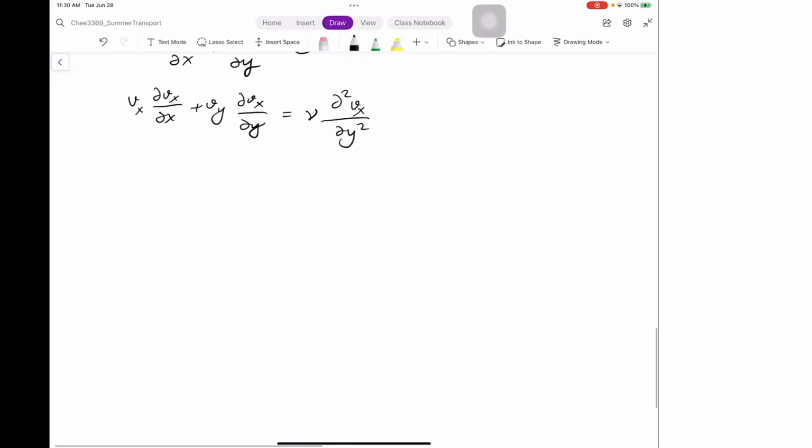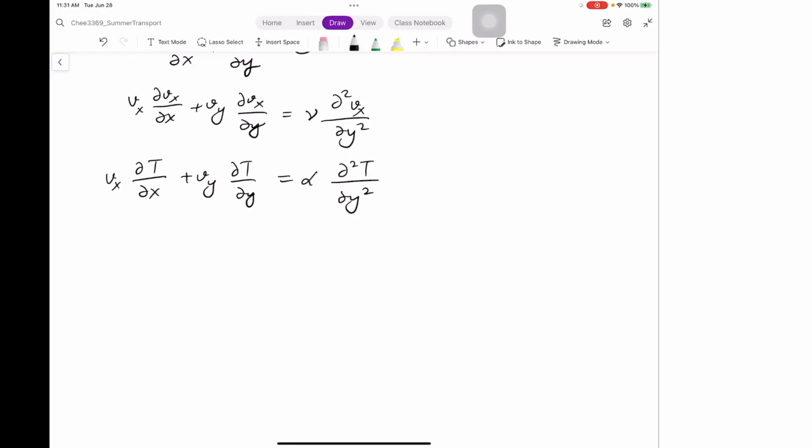And the thermal boundary layer equation is Vx del T over del x plus Vy del T over del y is equal to alpha del squared T over del y squared, right?